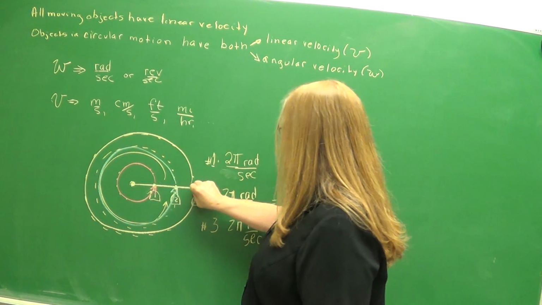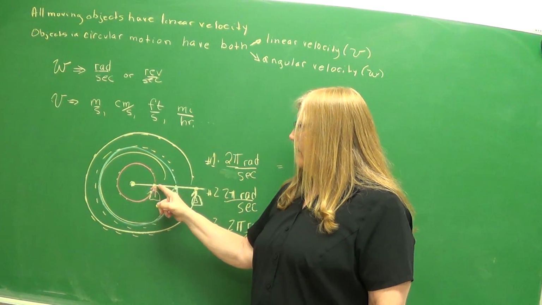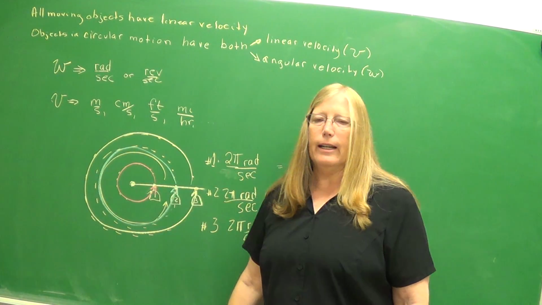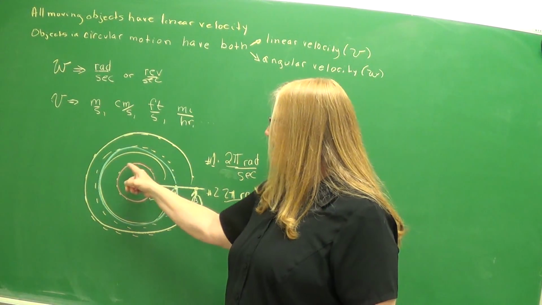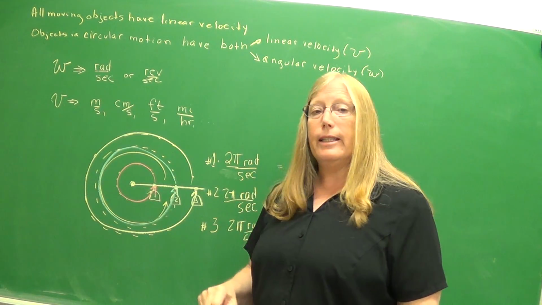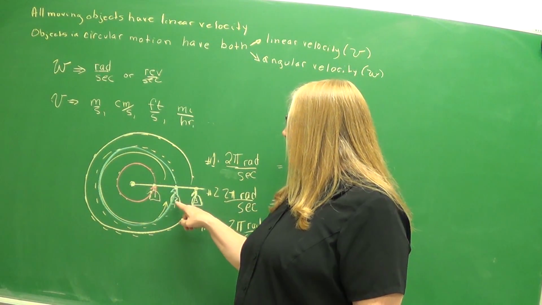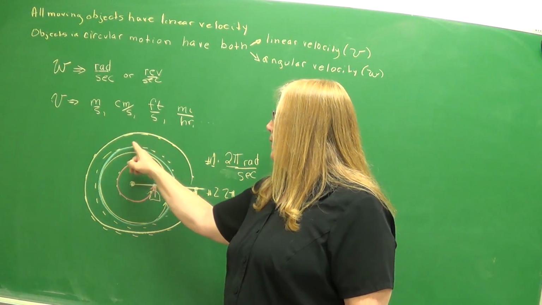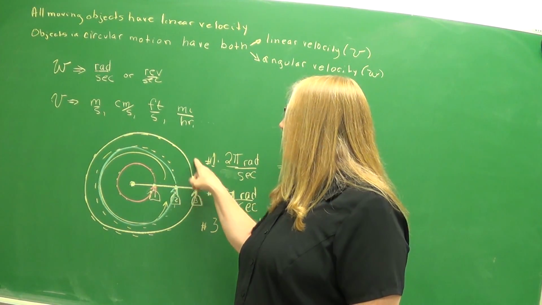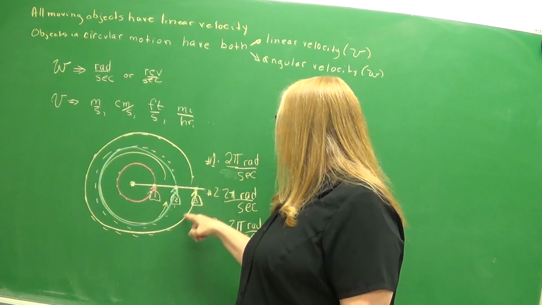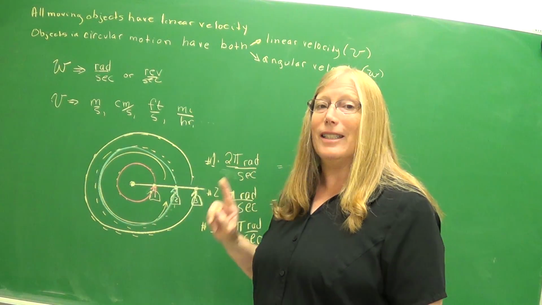Looking at the red path, the object is going to go this much distance in 1 second. However, object number 2 is going to go this distance in 1 second, and object number 3 is going to go this distance in 1 second.